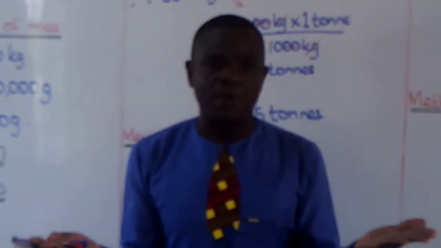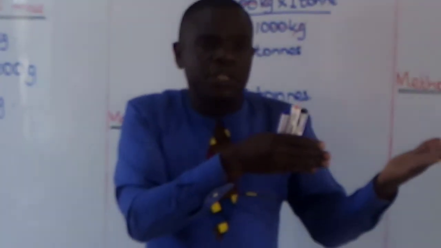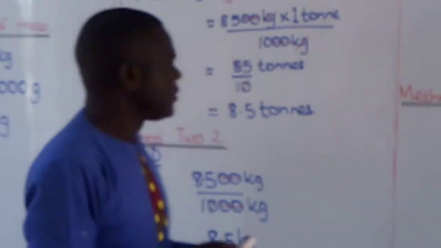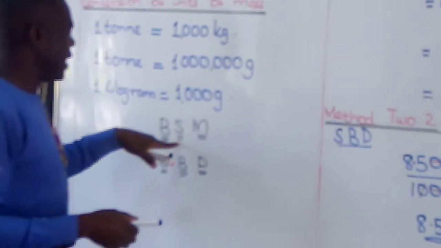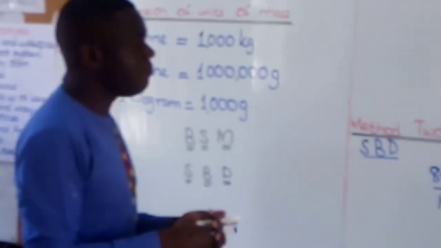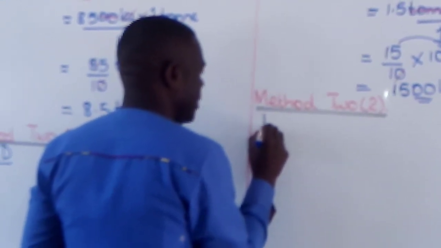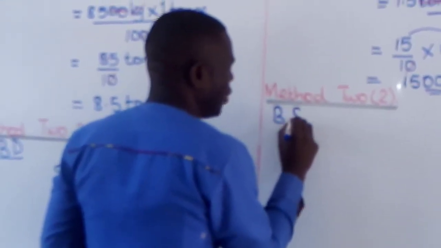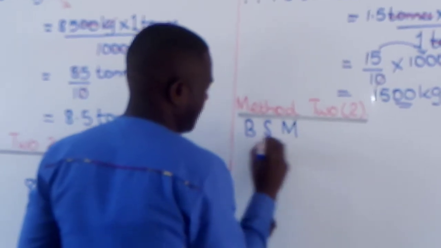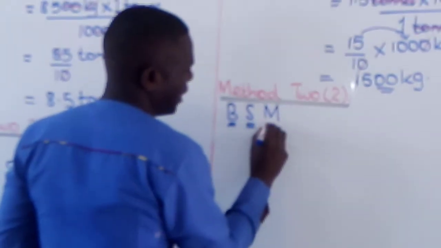So we are coming from a bigger unit to a smaller unit. So bigger to smaller, we multiply. In method 2, we are using our slogan, bigger to smaller, we multiply.